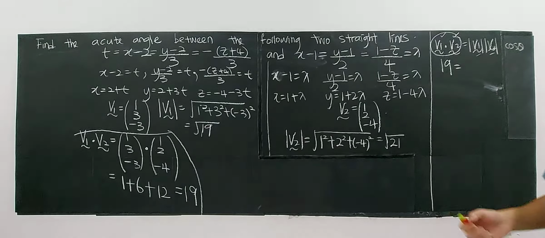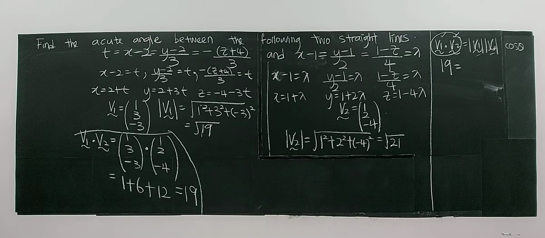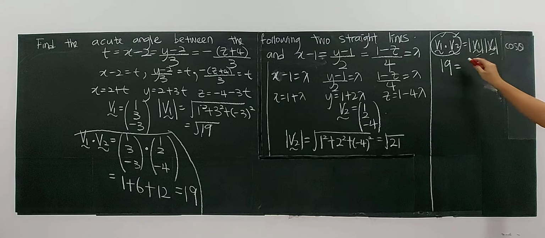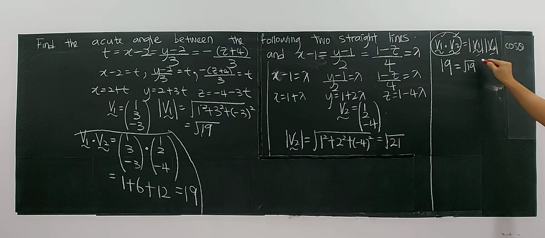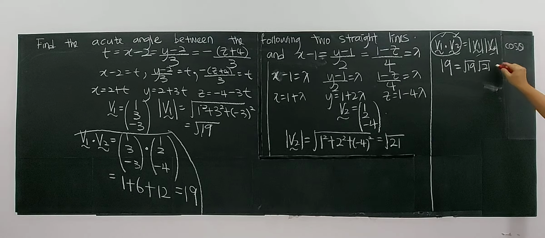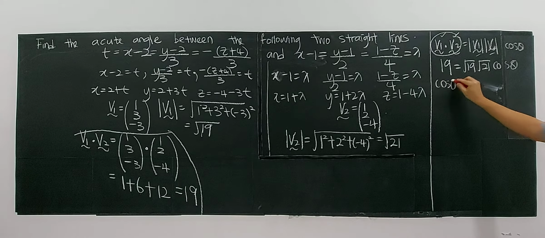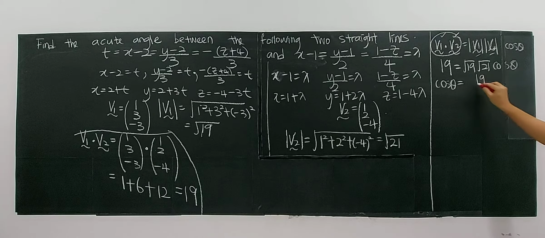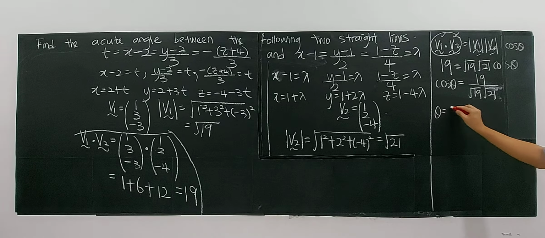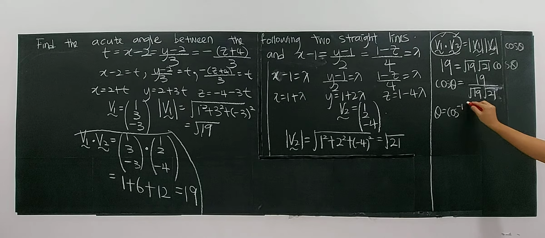Now you have enough information to find the angle between the two straight lines. So 19 equals square root of 19 times square root of 21 times cosine theta. Cosine theta can be rewritten as 19 divided by square root of 19 times square root of 21. Finally, theta is the inverse cos of 19 over square root of 19 times square root of 21.